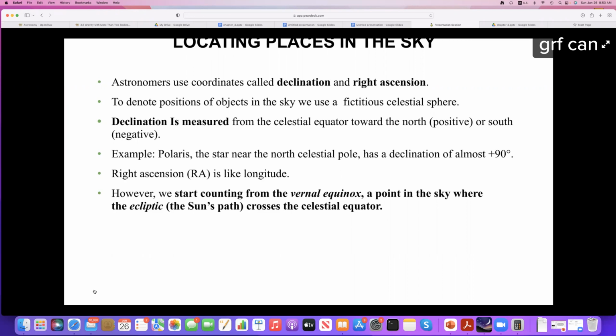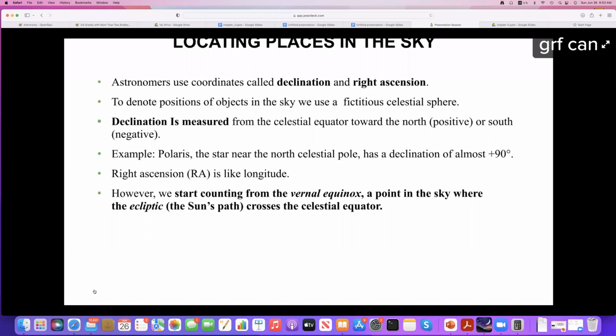That's how you define the declination of a star or any other celestial object on the sky. The right ascension is similar to the longitude that you have measured, with only a slight change to the definition. Instead of starting from the prime meridian, the Greenwich line for the Earth, we have to start from a different location. So we measure the right ascension counting from the vernal equinox.